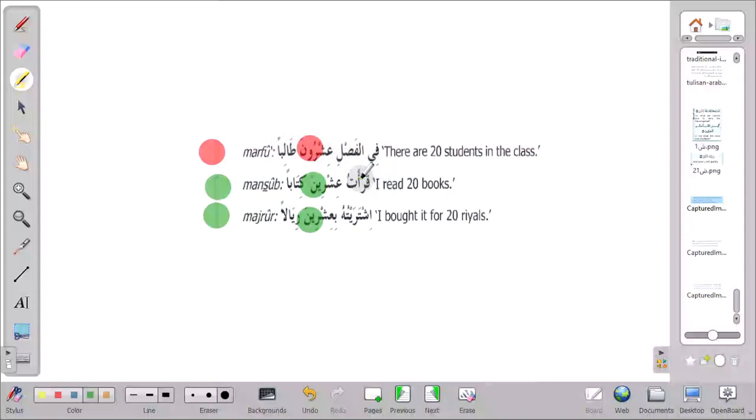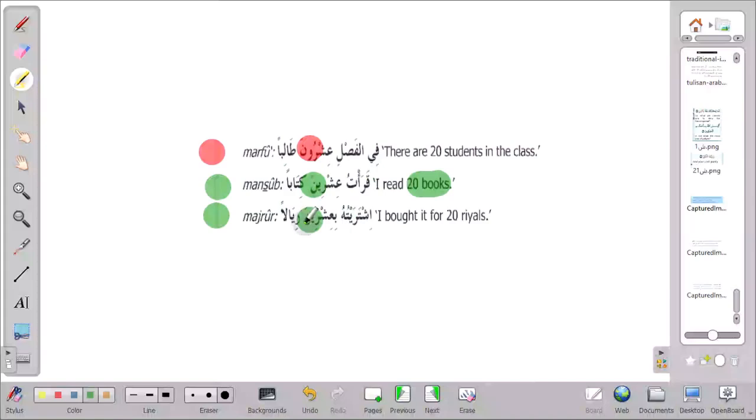Now قرأت, I read, 20 kitaban, 20 books. If I say I read 20 books, the 20 books are the maf'ul bihi, the object of read. And we said the object is always mansub. So the alamatul mansub will be the yai: qara'atu ishirina, not uruna. I hope that is clear.